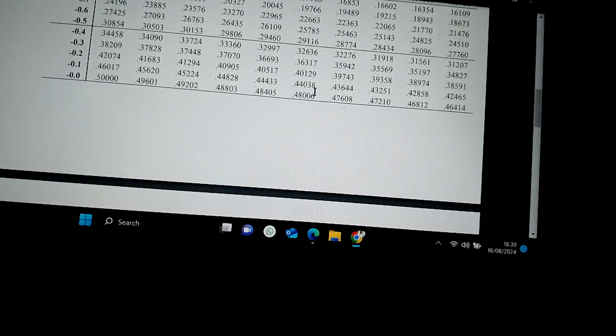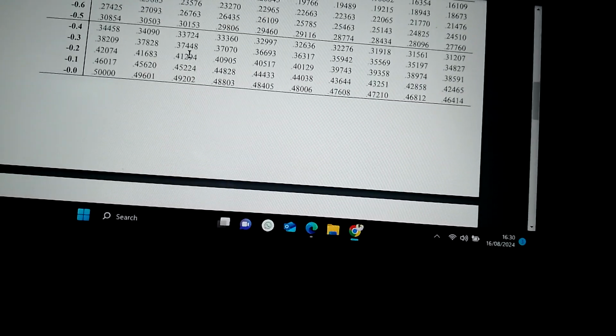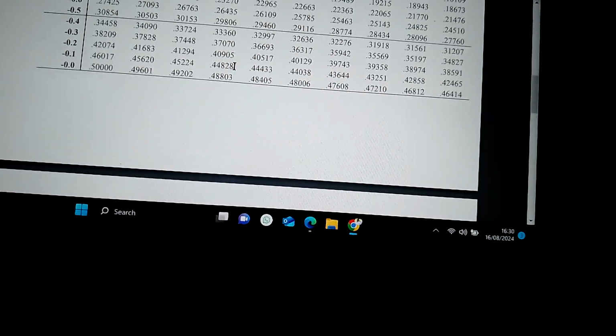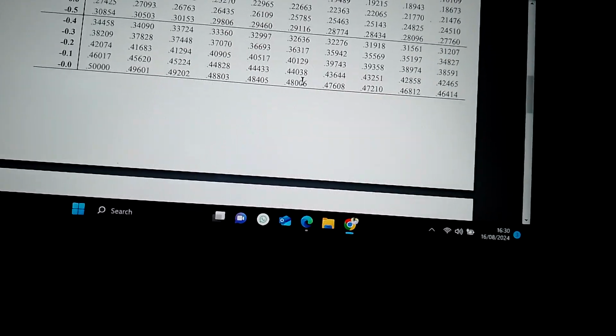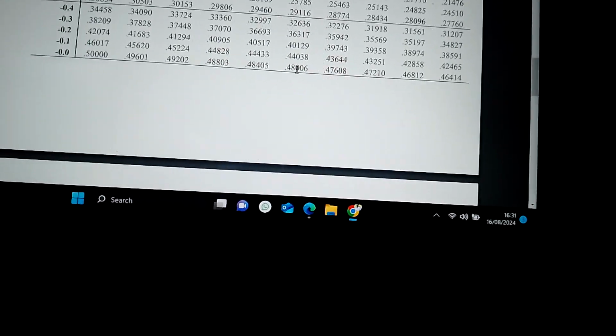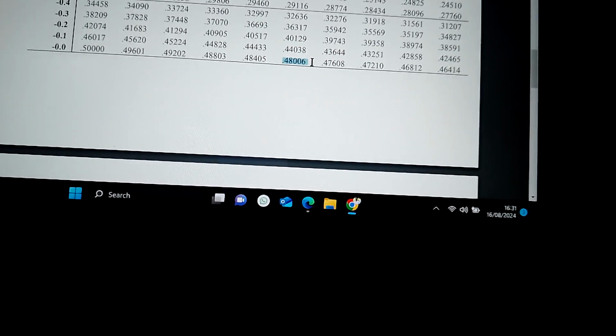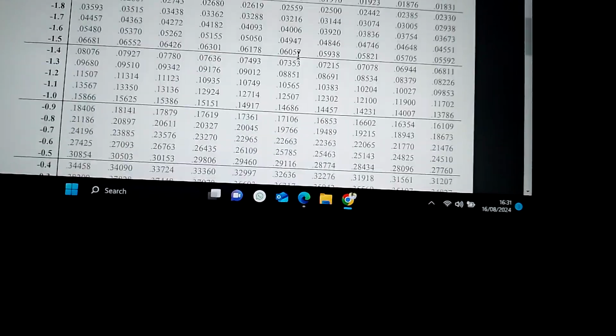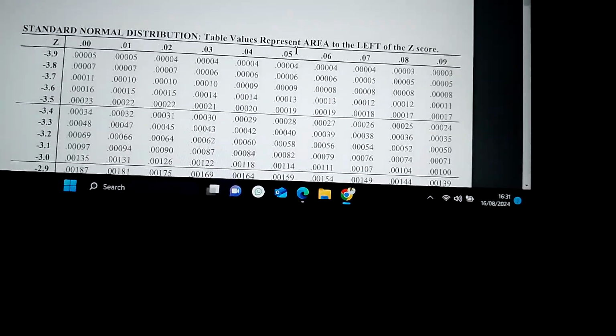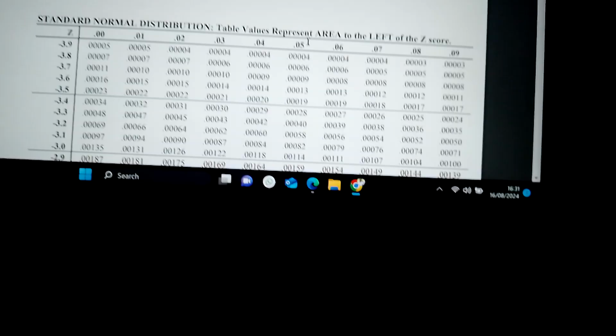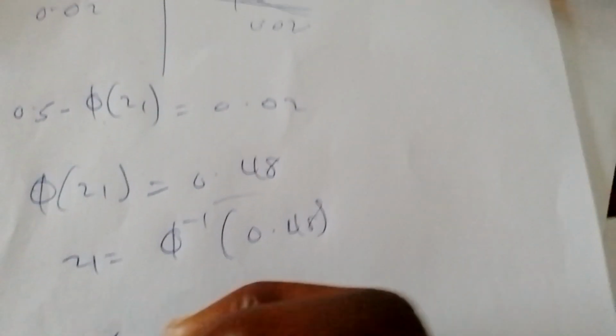Where is it? Something is fishy. Okay, you find that the closest here is this, and that corresponds to negative 0.05. Let's take it and see what it would mean.